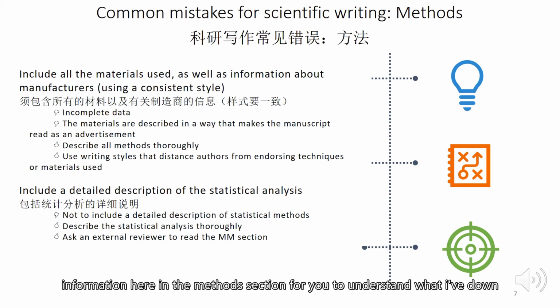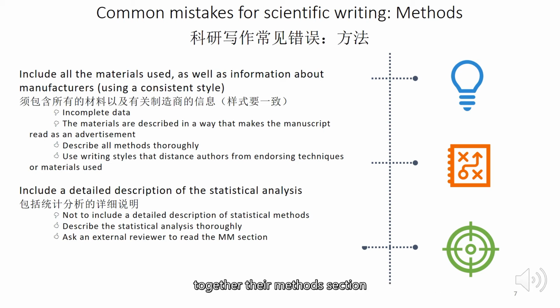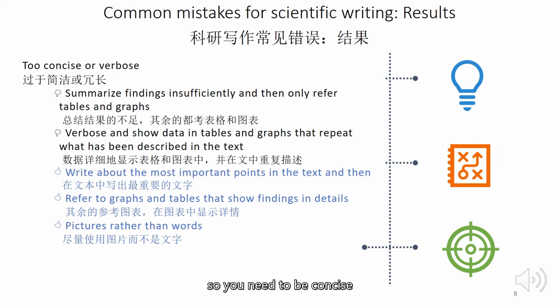Is there enough information here in the methods section for you to understand what I've done? This is another very common mistake that people make when putting together their methods sections. So you need to be concise. But being too concise or too verbose can be an issue.